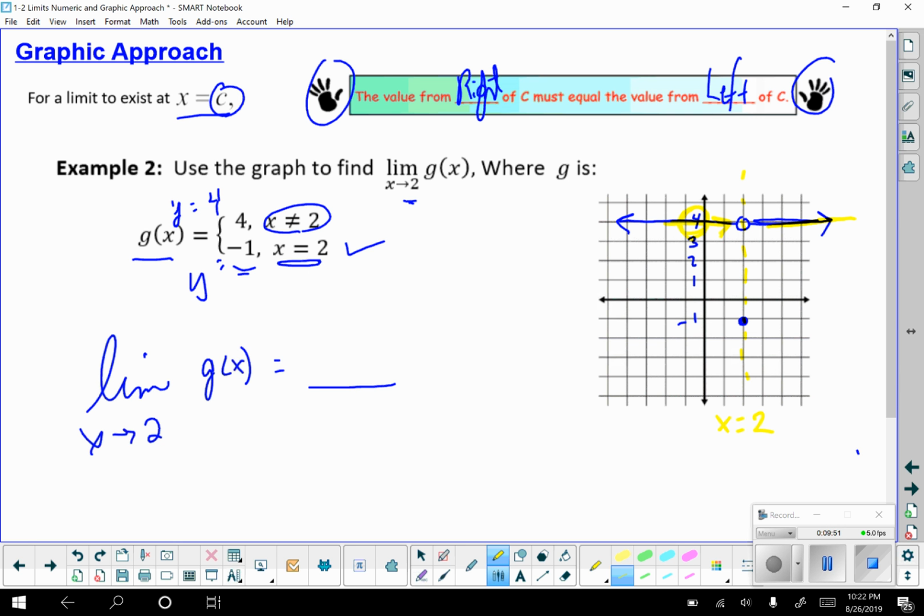And when I come in from the right side of x equals 2, as I approach this vertical imaginary line of x equals 2, I'm also at a height of 4. So 4 equals 4. That means that my limit, of course, is 4. Left equals right. In order for a limit to exist, the left side must take on the same height as it does from the right side of my C value.